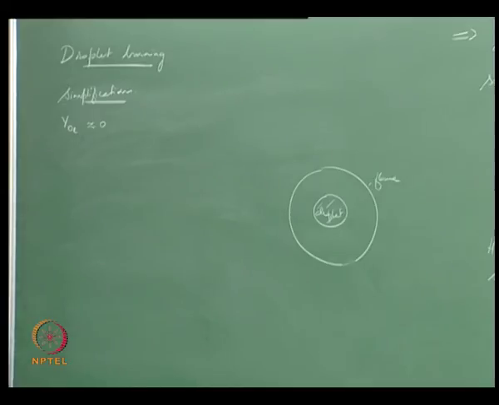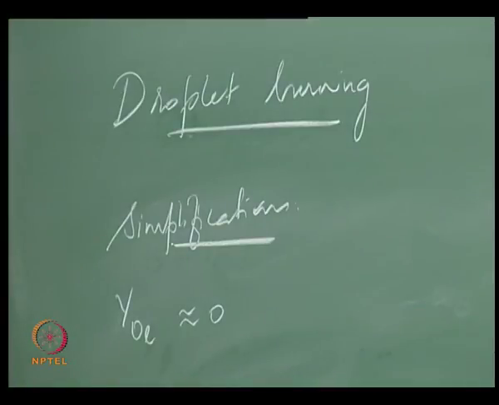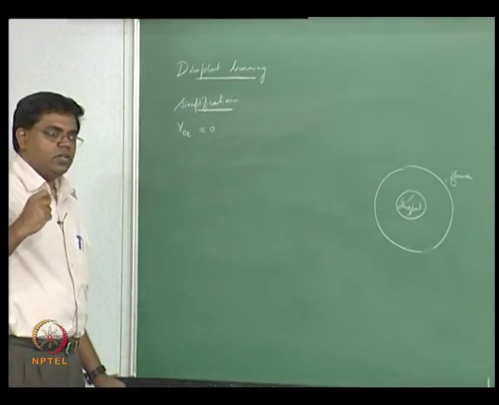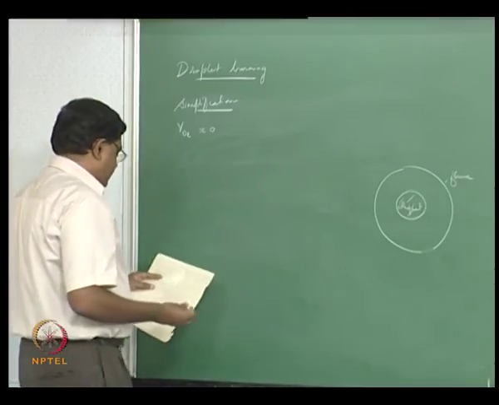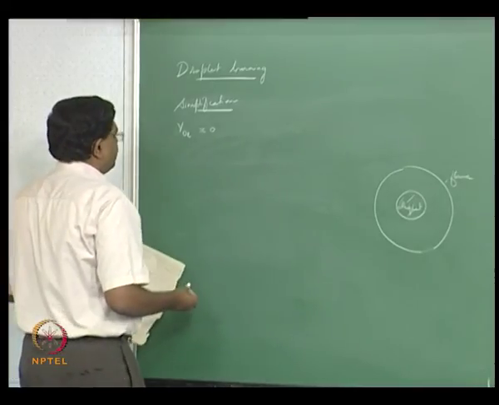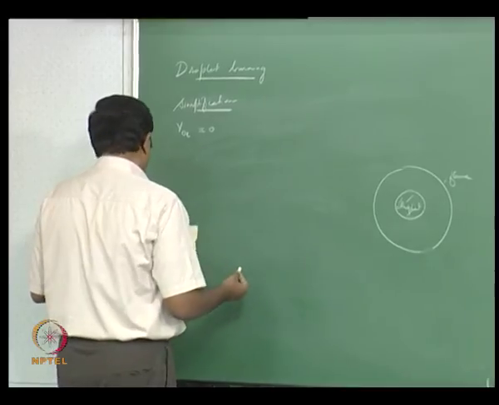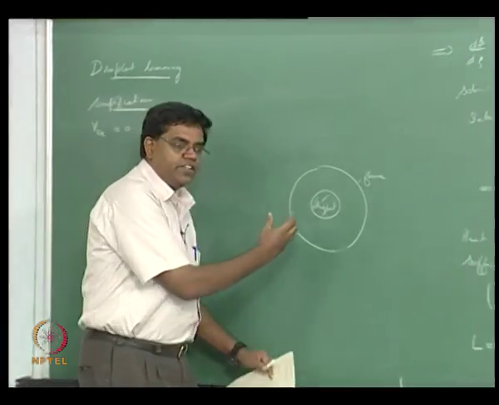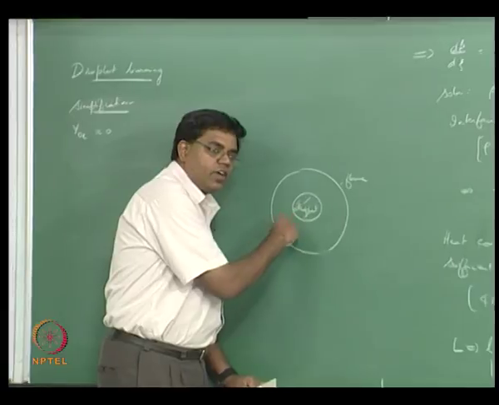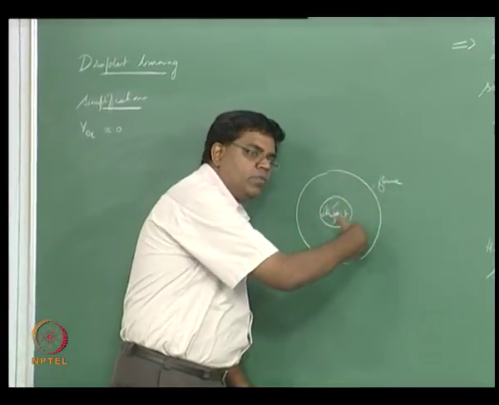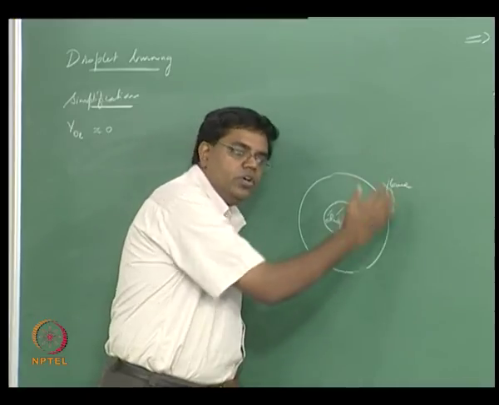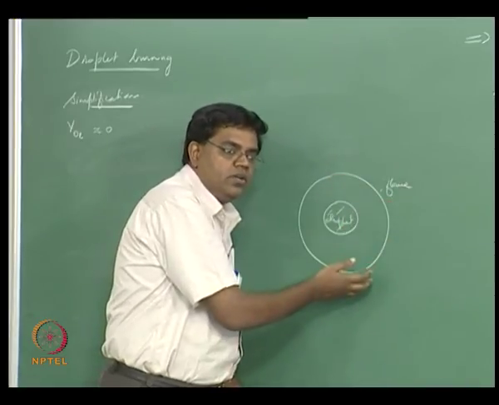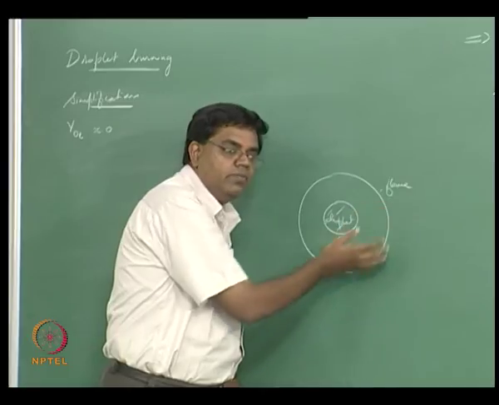The exception: any time you make an assumption which is simplifying, you have to look at how good it is, or when it would not hold. The answer is this is not really quite true near extinction conditions. That is, when the droplet is going to actually extinguish, you have a rather weak flame and you have ample opportunity for the oxidizer to diffuse past the flame, in spite of going through reactions and getting consumed quite a bit, because it's not getting completely consumed.